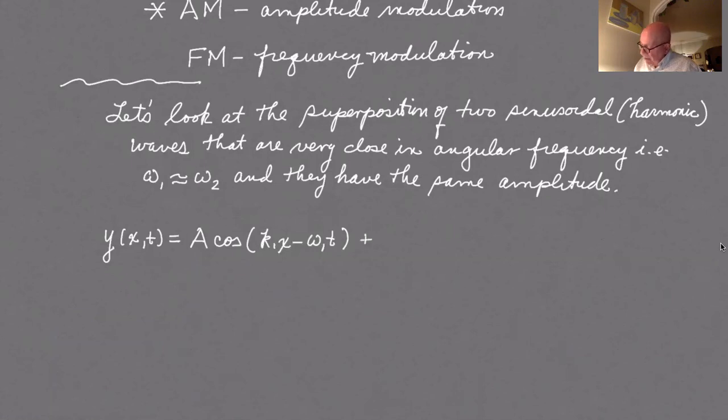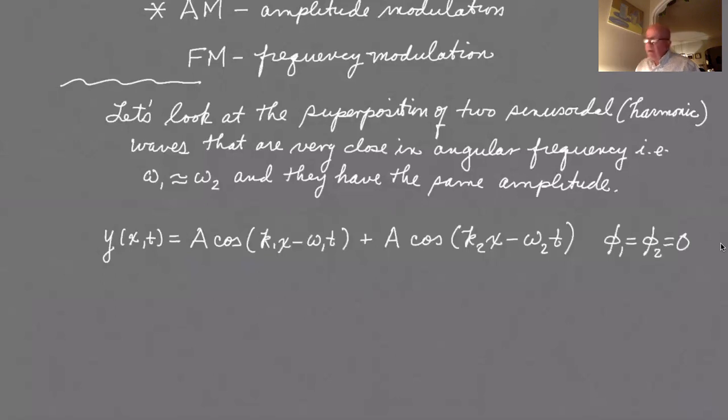And then this will be plus a cosine of k2x minus omega 2t. Phase factors now are going to be equal to 0.